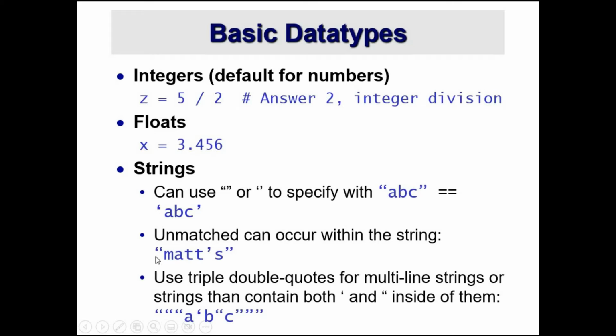Then use triple double quotes for multi-line strings. A string can contain both single and double quotes inside of it, and this is the example as you can see here. Now let's go back to our IDLE and perform all these examples.